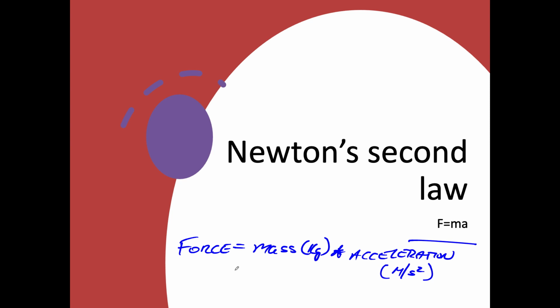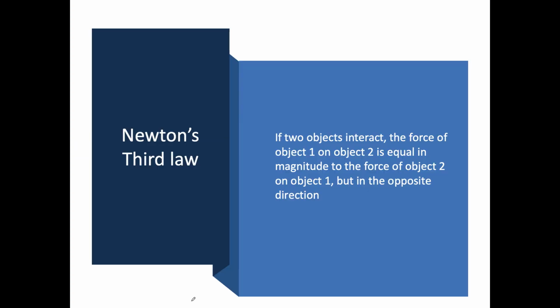Now, for ma, mass times acceleration, the unit of force is newtons, which is the same thing as kilogram meter over second squared. So these two are basically the same, and you can see it written either as N, capital N, or kg·m/s². Both of them are valid units. And this is Newton's second law. Simple, simplistic, done.